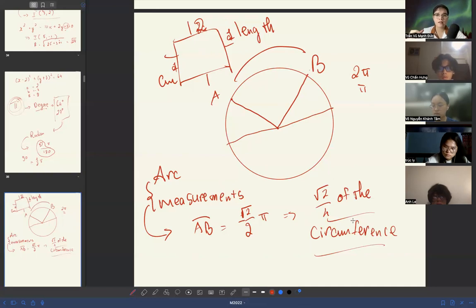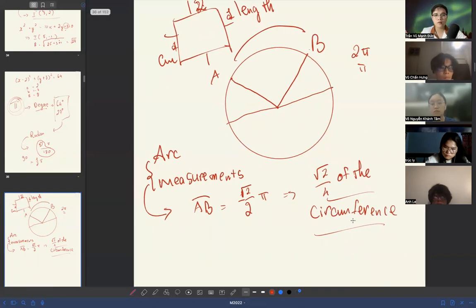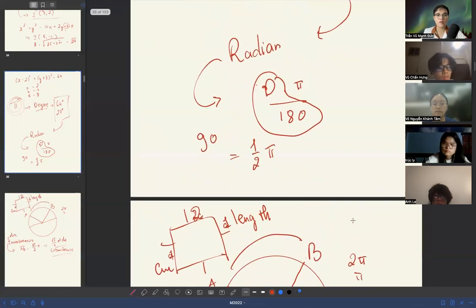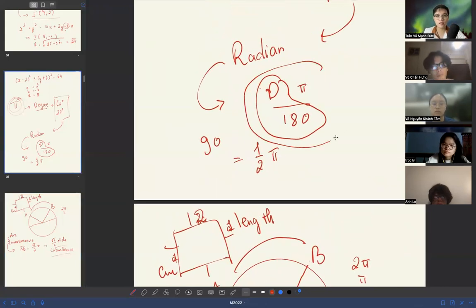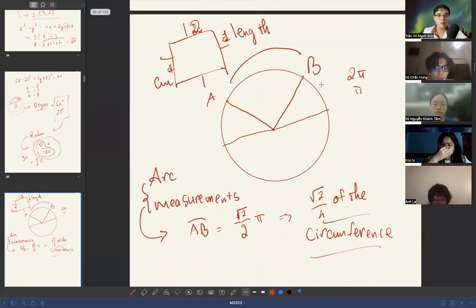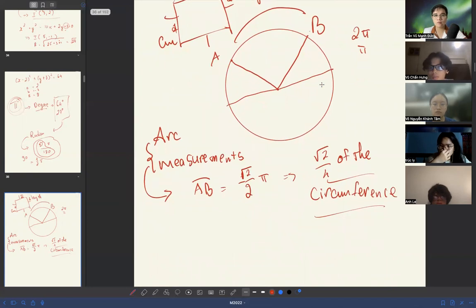So to calculate the length and everything, you have to calculate via radian. All right, so you remember the formula of converting a degree to radian is degree times pi divided by 180. So enough talking about the definition. I'll guide you how to calculate the arc measurement itself.